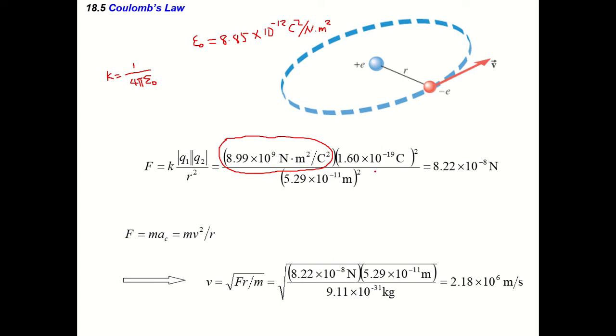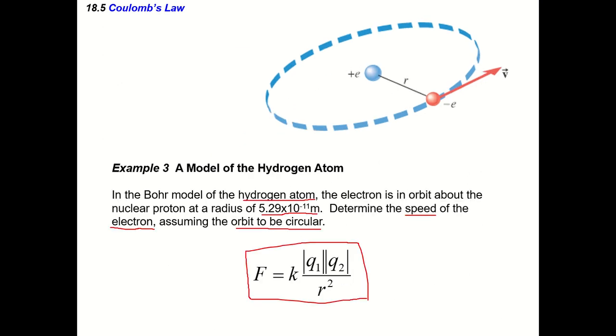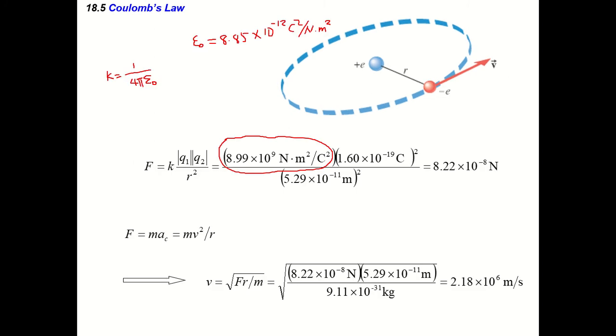Then multiplied by the charge, which is given in the problem. We have here 1.60 times 10 to the minus 19.